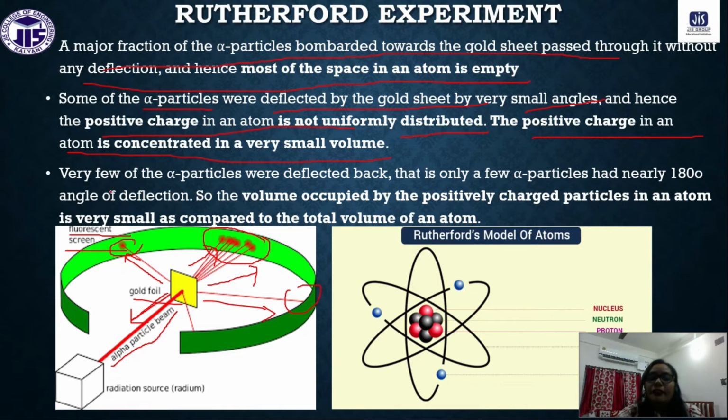Very few alpha particles were deflected back 180 degrees, so the volume occupied by the positively charged particles is at the center. These are the statements that we can get from the Rutherford experiment about atoms.